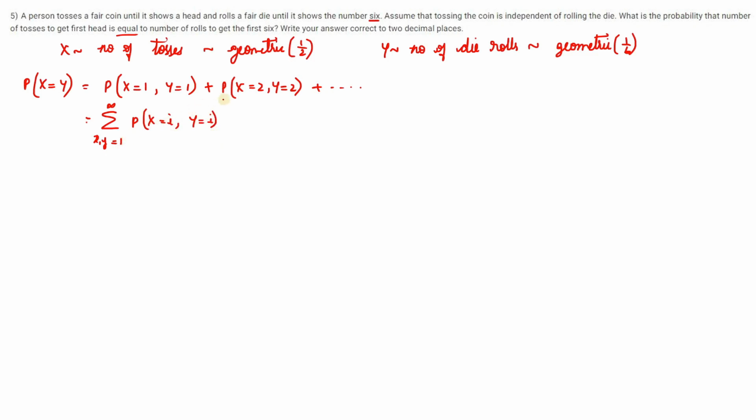Since these two are independent, we can write this as the summation of probability of x equal to i and probability of y equal to i, for i from 1 to infinity.